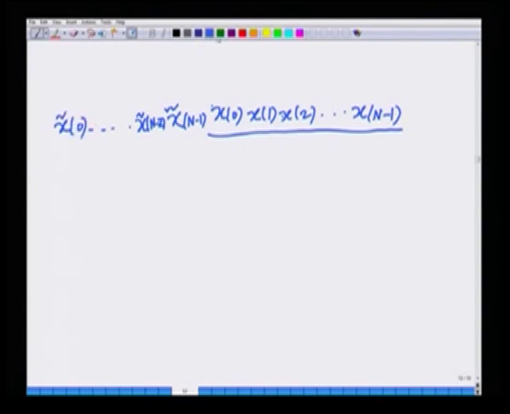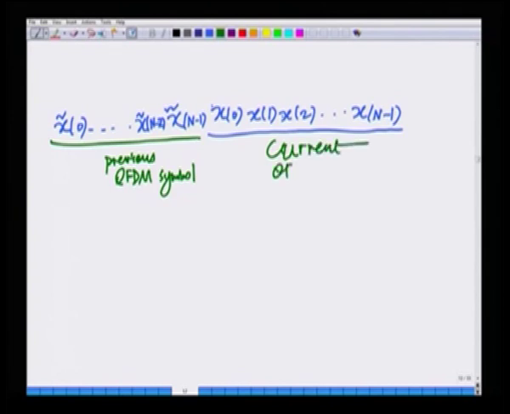So, these are the previous OFDM symbol. This is the current OFDM symbol. So, I have a block of n samples corresponding to the current OFDM symbol. I have a block of n samples corresponding to the previous OFDM symbol.